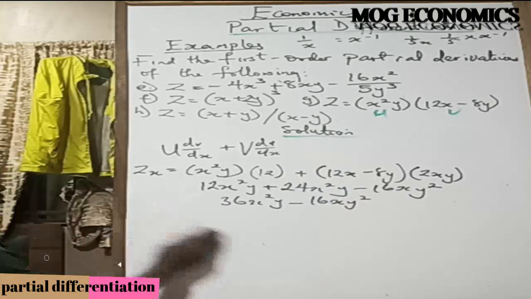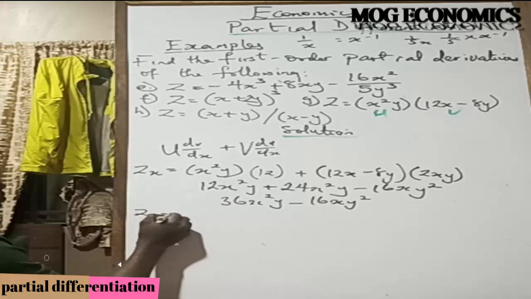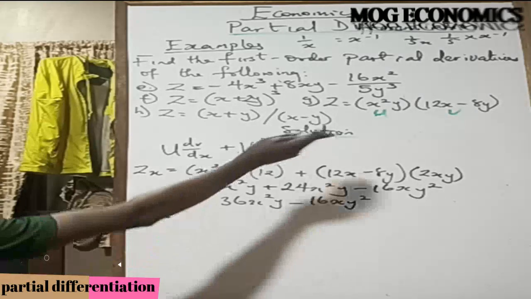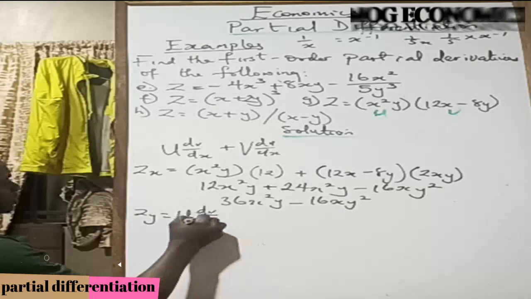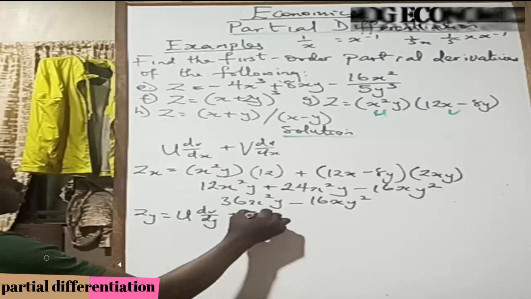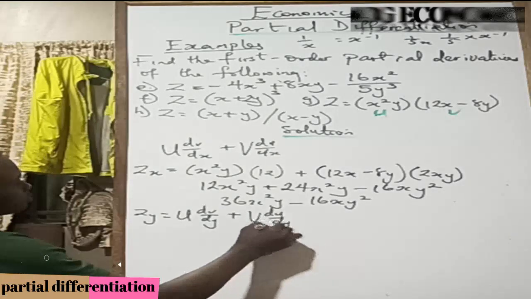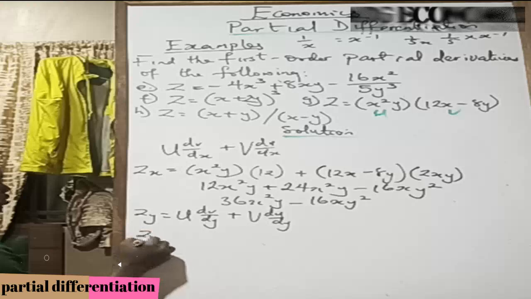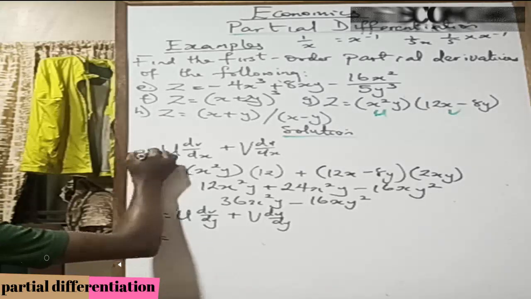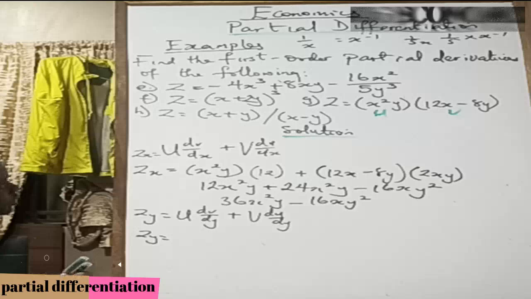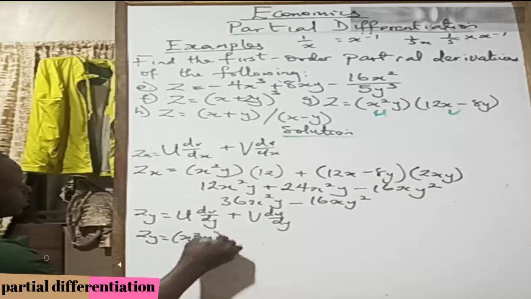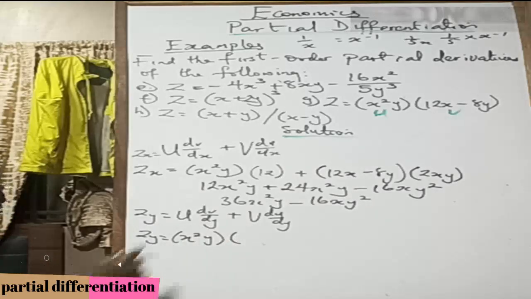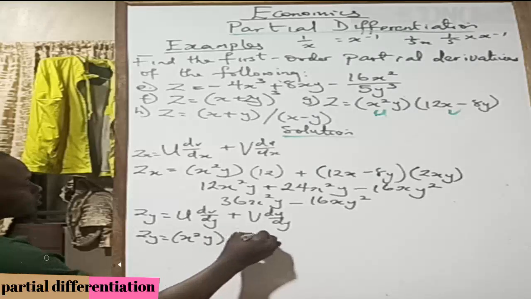So that's zx, right? Now for zy, the same thing. This is uv, so the formula for that is u dv/dy plus v du/dy. So zy equals, what is u? You still leave it that way, x squared y, into bracket dv/dy. If I differentiate with respect to only y, we have minus 8.